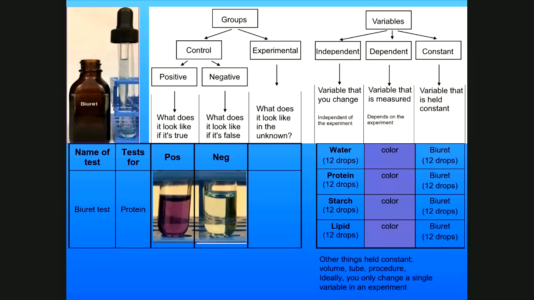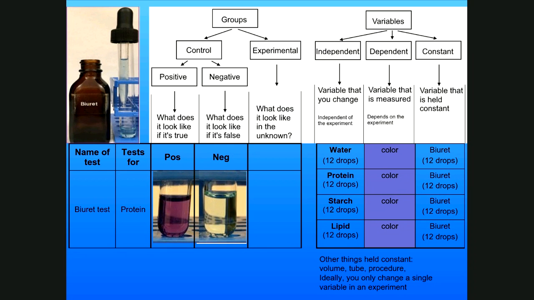Then you're adding the same amount of burette reagent to everything, 12 drops for everybody, so that you have a constant volume. You're doing this in the same kind of tubes. You're doing this together in the same environment, so that you can compare all of these to each other. And what you're measuring is the color change.